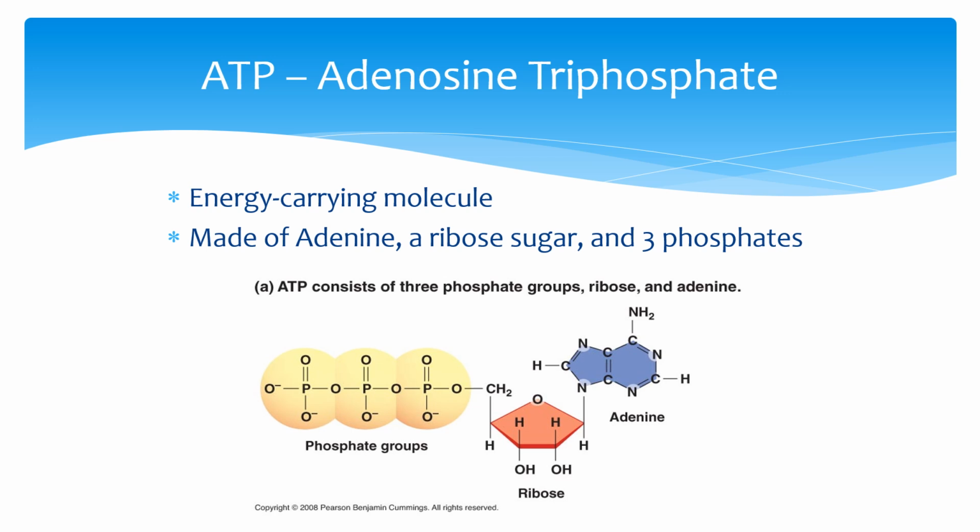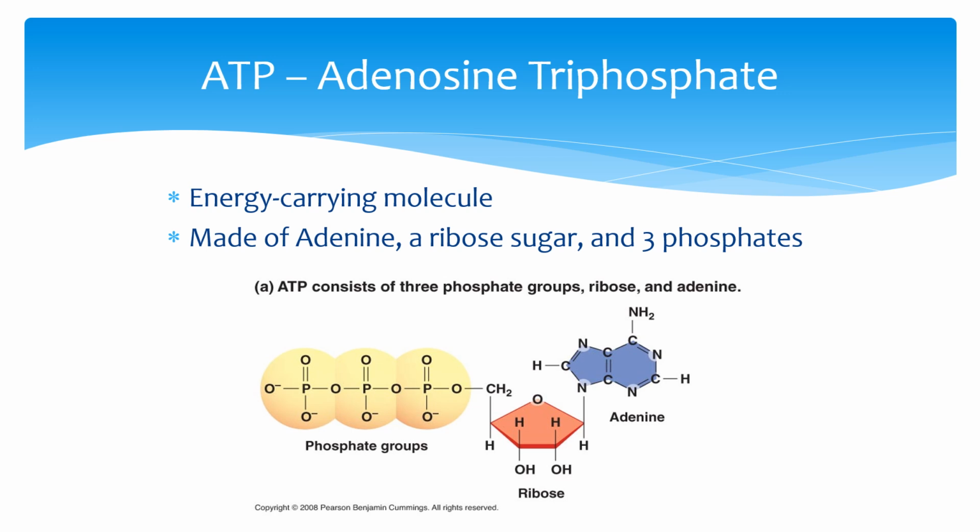Now, how this structure carries energy is that it has a negative charge, meaning that we have a lot of high tension in the bonding for those phosphates to get away from each other.